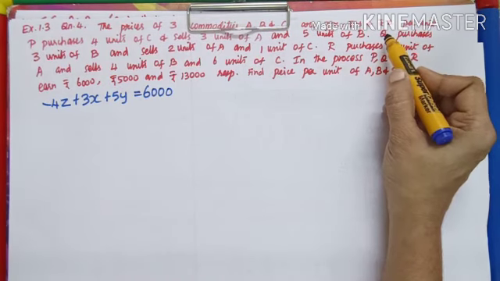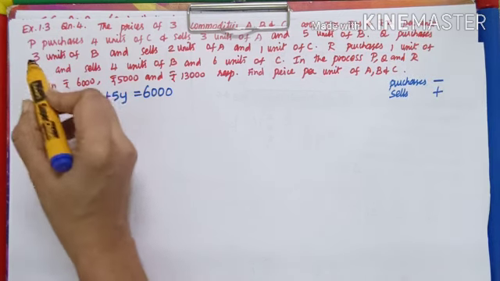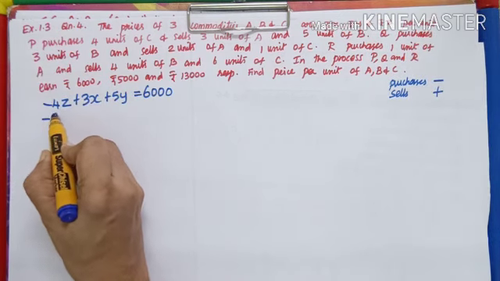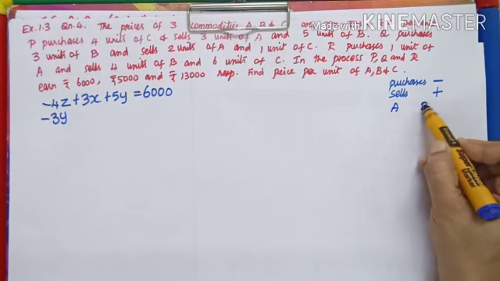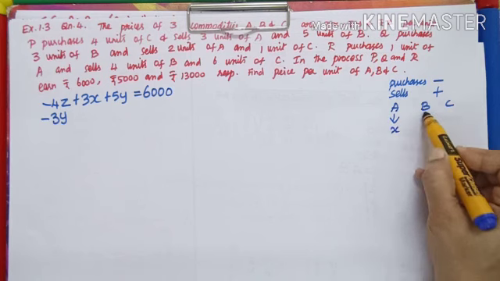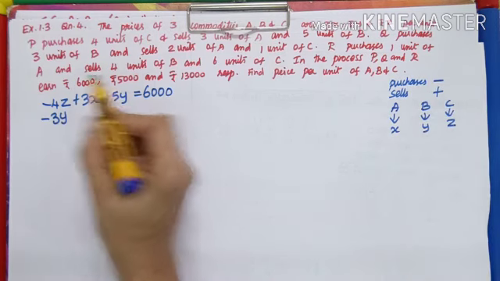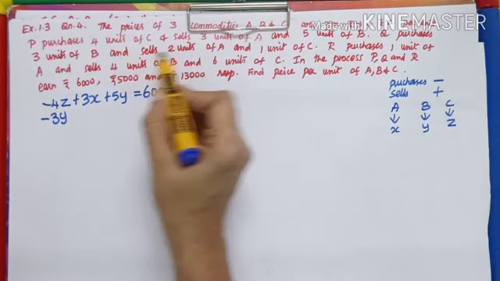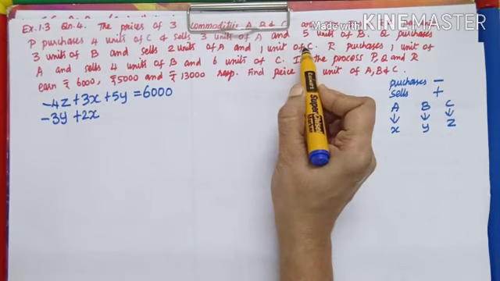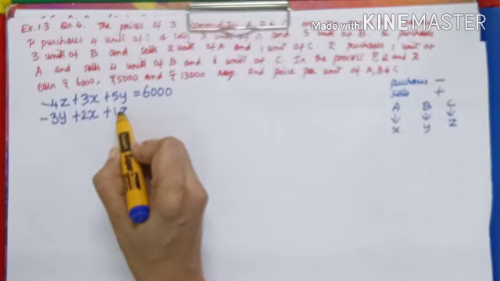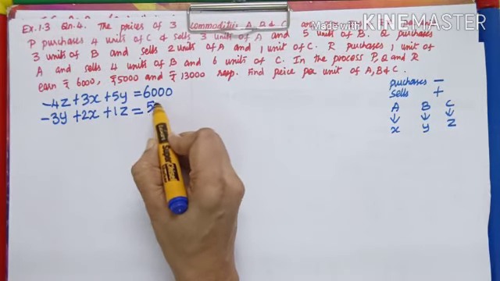Now we go on to Q. Q purchases. Purchases tells me negative. So minus 3. B tells me Y. So remember, for A, B, C, we put X, Y, Z as the prices per unit. Q sells 2 of A, sells, so plus 2x. 1 of C, so plus 1 into Z equals to, what is Q's earning? 5,000.